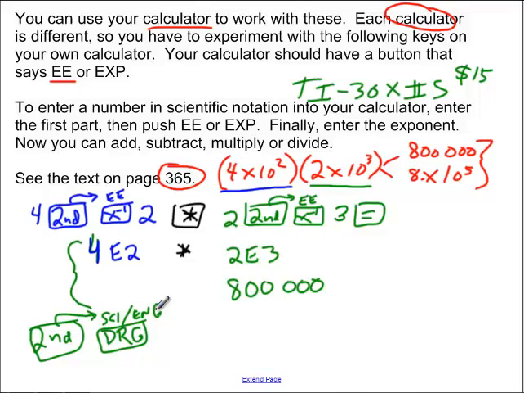The display will show you FLO, SCI, ENG. FLO means it's a floating decimal, and that would give you this number here. Scientific notation would change that number into scientific notation. So when you push second and then the DRG button, it'll be underlined like that.